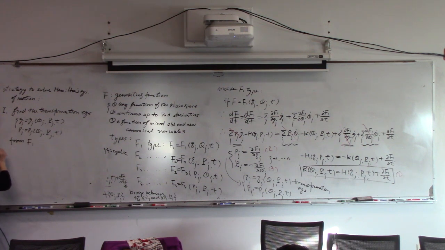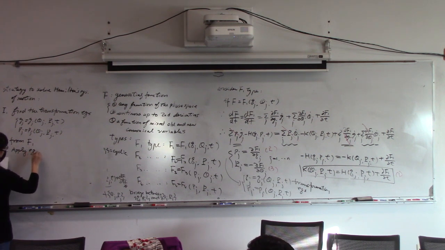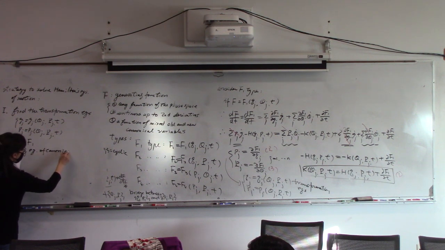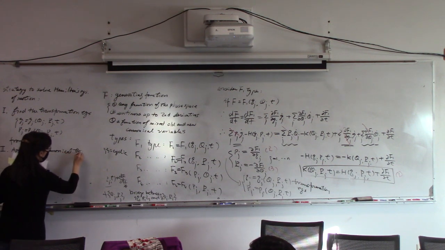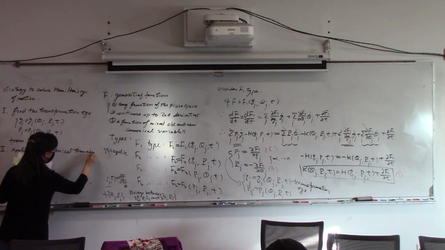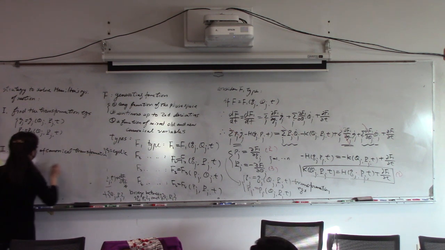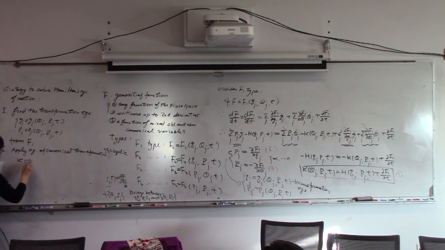Once we obtain that, we apply the equation of canonical transformation, this one, to find the new Hamiltonian.